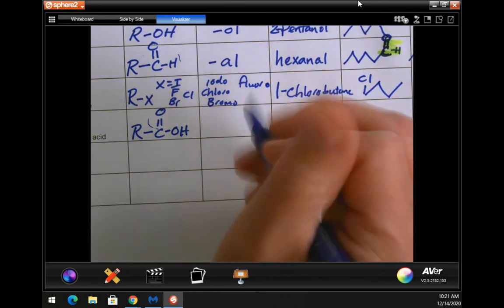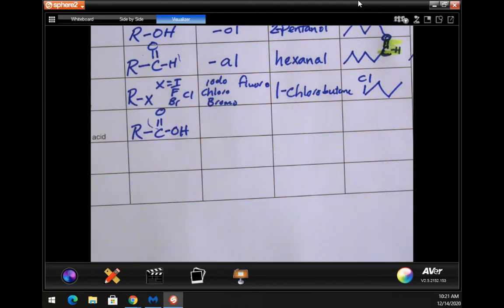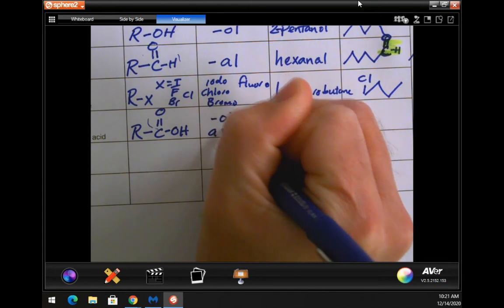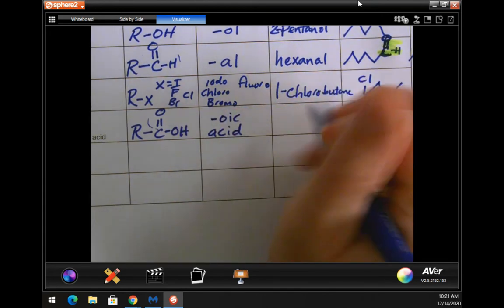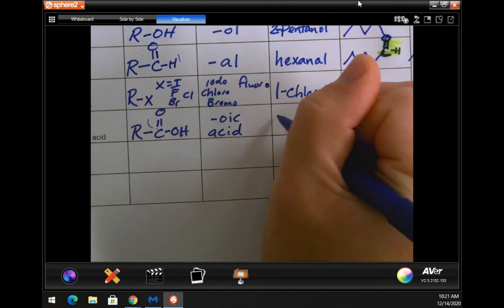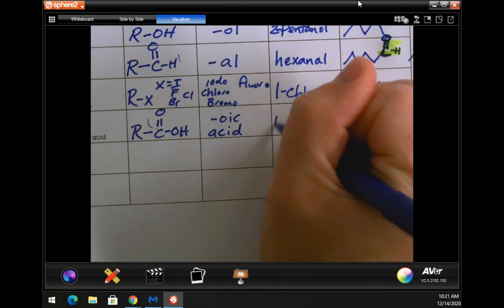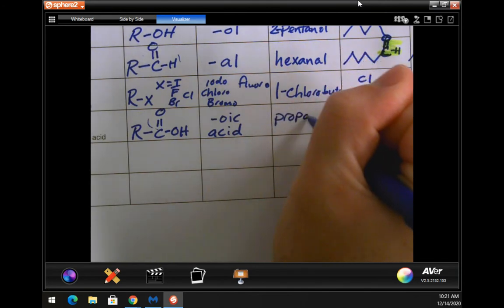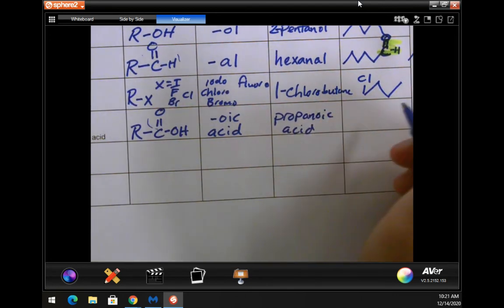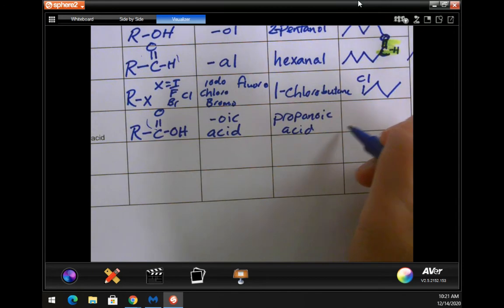Yeah. So, the way that you name these are "oic acid." So, let's just go simple here. Propanoic acid. So, just draw yourself out a propane. That's just going to be 3 carbons.